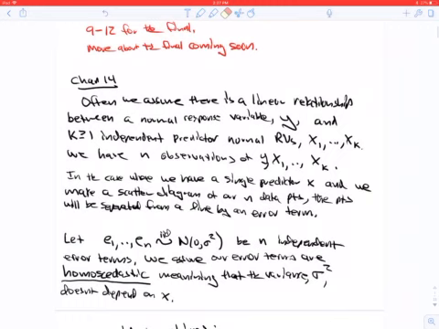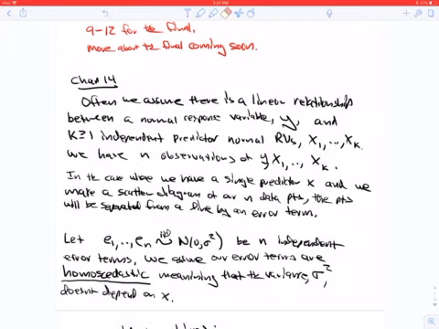So chapter 14 is about linear regression, and it makes sense to also discuss multiple linear regression, not just simple regression. Often it's convenient to assume that we have a linear relationship between some response variable and some predictor variables.